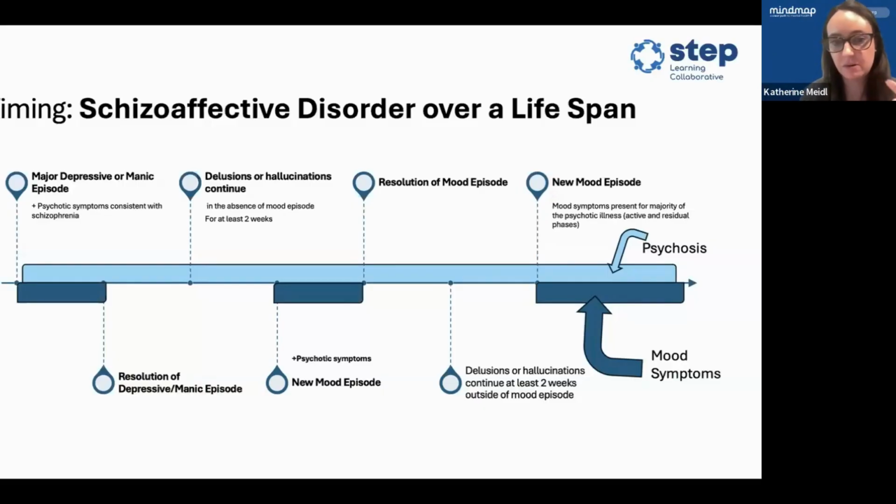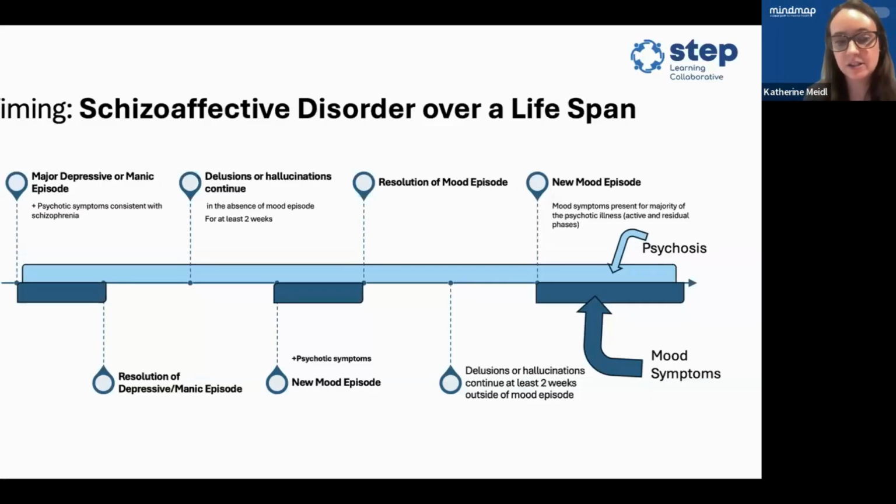In addition, you will also, at that same concurrent time, meet criteria for a major depressive episode or a manic episode, as Dr. Yakoob described, with meeting criteria for schizophrenia as well. And then after the mood episode resolves, you are going to still have at least 2 weeks of psychosis without those mood symptoms.